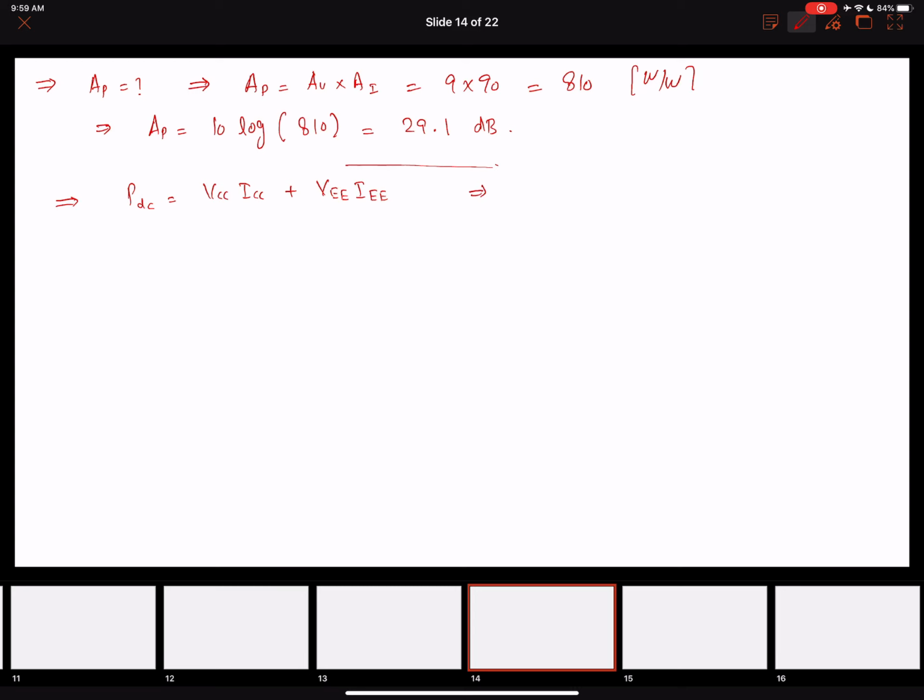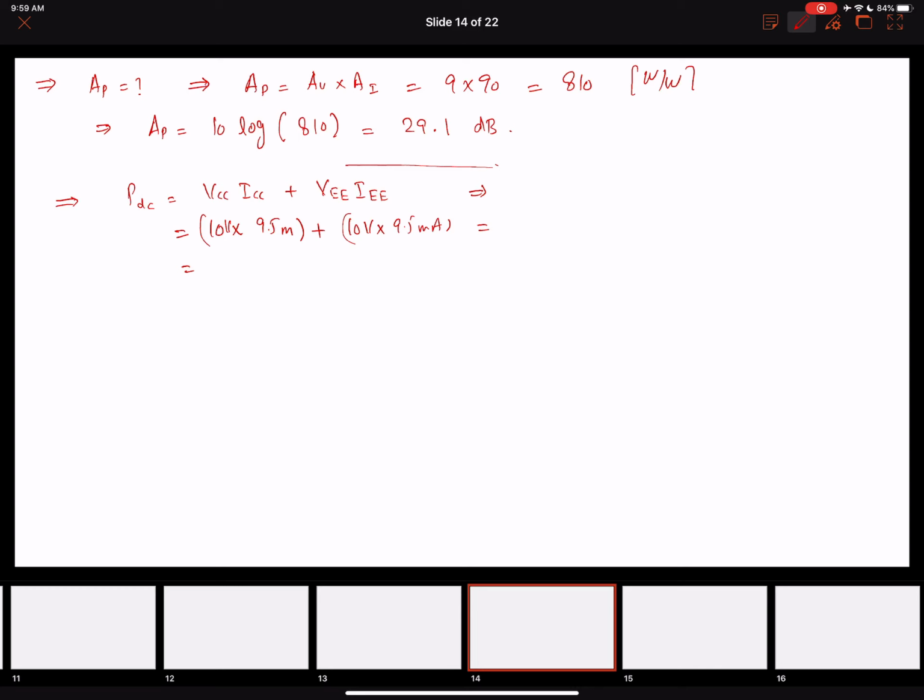We saw that VCC is 10 volts, ICC is 9.5 milliamperes, plus 10 volts into 9.5 milliamperes. So if you multiply this, the answer is going to come out to be, we can also solve it very quickly.